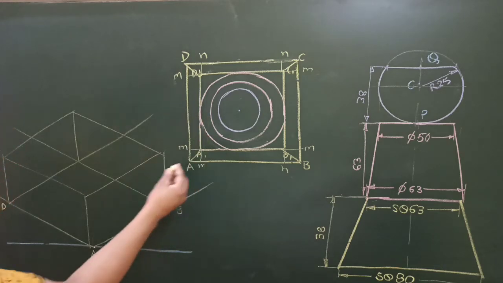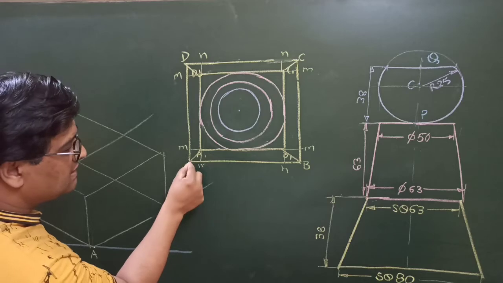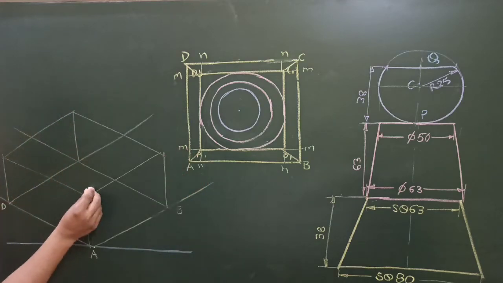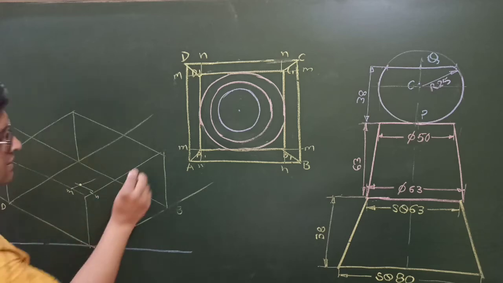So in this manner you can cut, taking distances from here and multiplying them with the isometric scale. So this distance you can cut, this distance you can cut. So we will be getting N, M, and then parallel lines from M and N. So this is M, this is N. So you are getting this point.